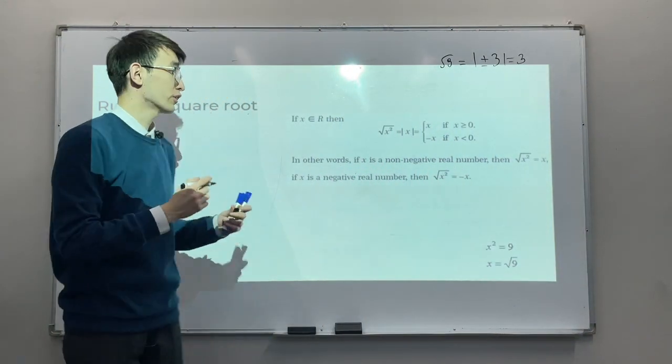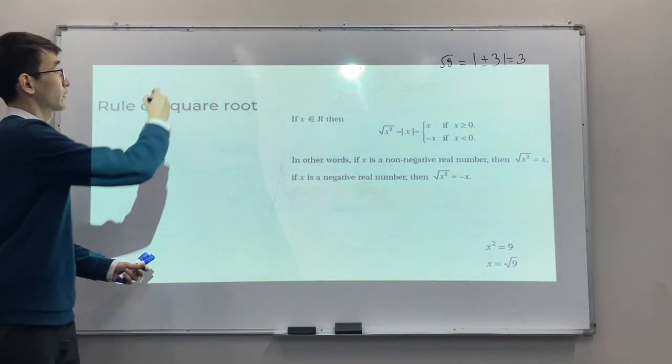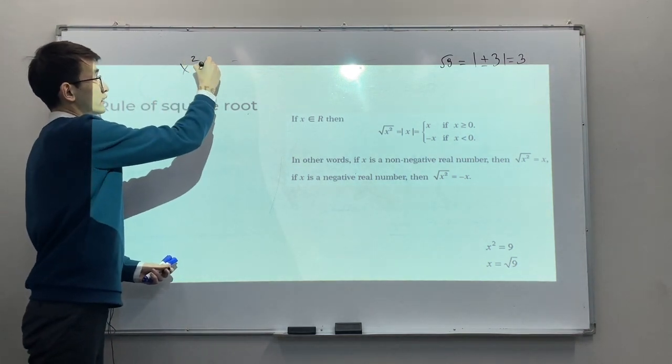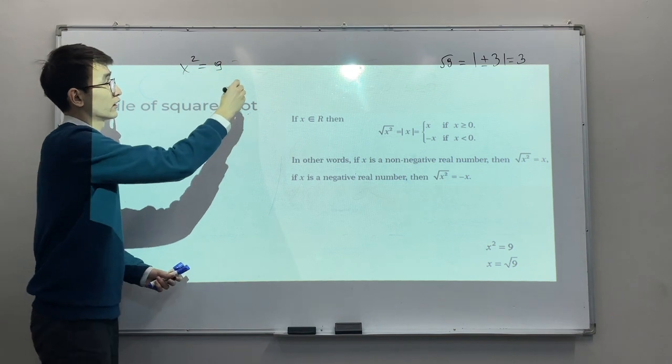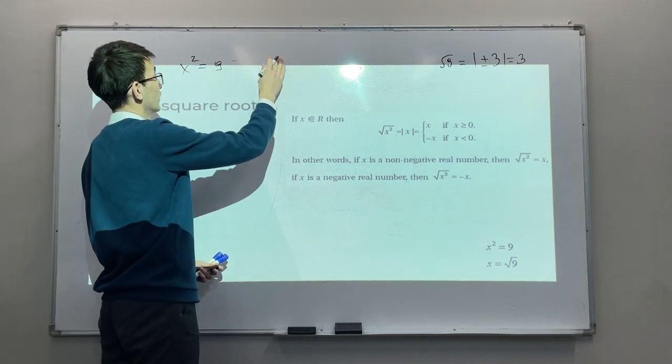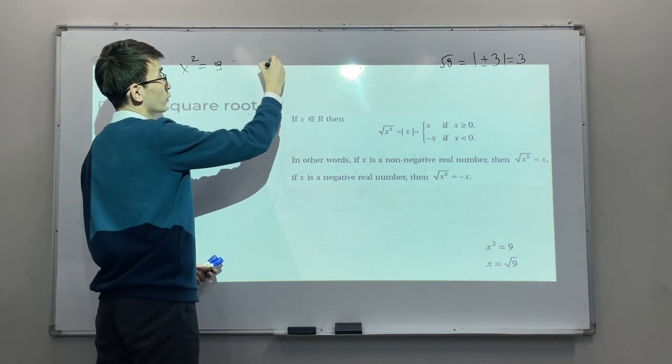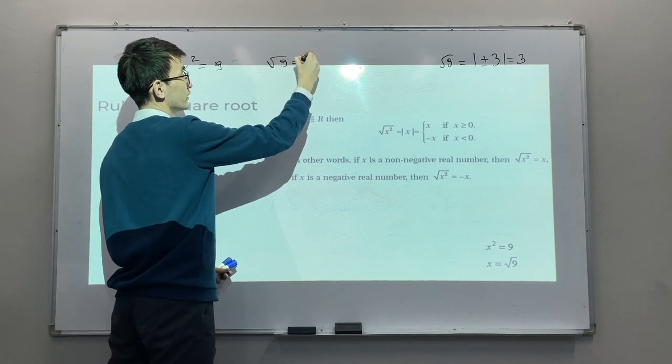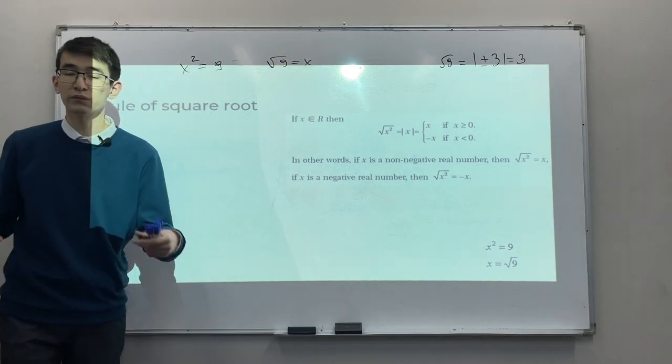Also, I want to explain that x squared equals 9 and x equals the square root of 9 are different equations with different meanings.